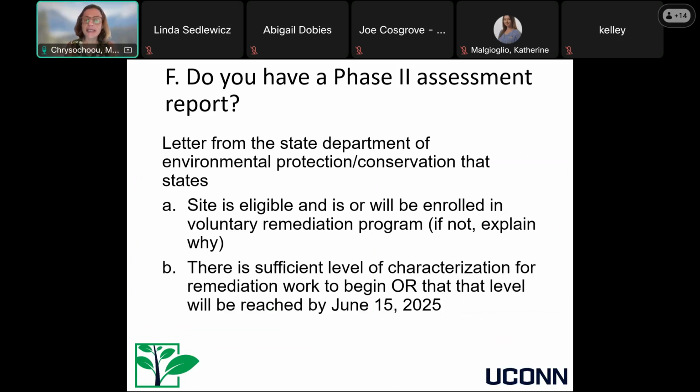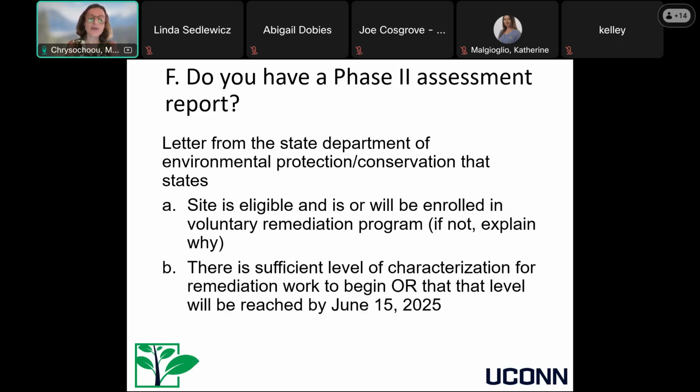So the next part is, do you have a Phase 2 assessment report? The reason that you need that is that to apply for a cleanup grant, you need a letter from the State Department of Environmental Protection, Conservation, whatever it's called, in your particular state. And that letter must make 2 statements.